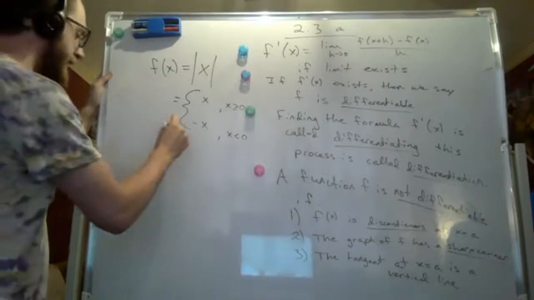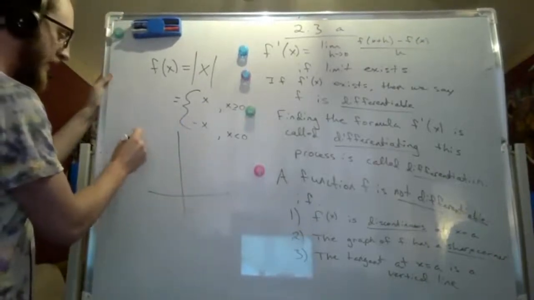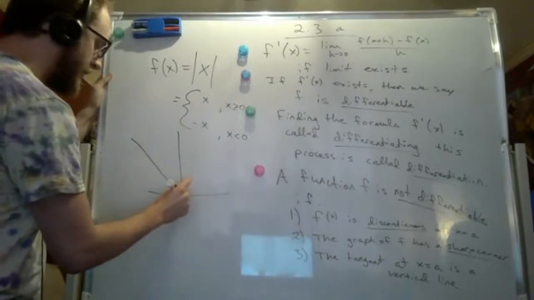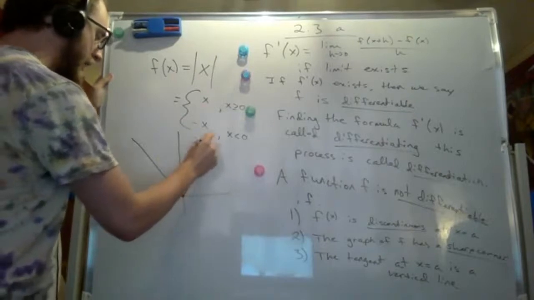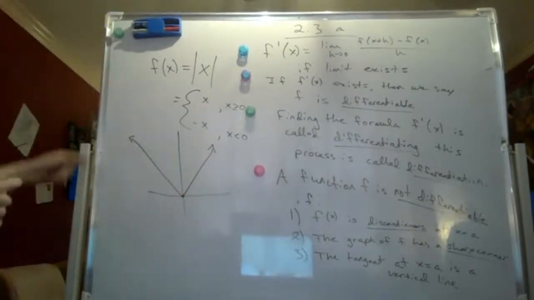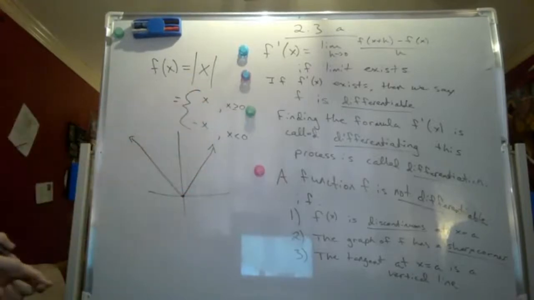So then graphically, from the left, we have this negative x line, and then from the right, we have this positive x line. This graph can be drawn without picking up my marker, without picking up your pencil.